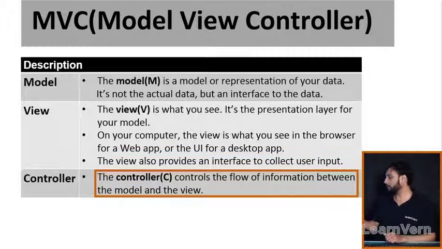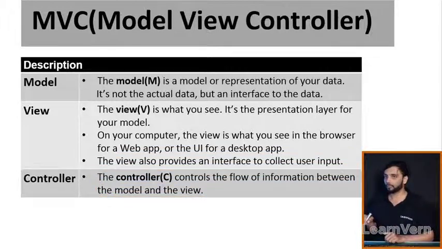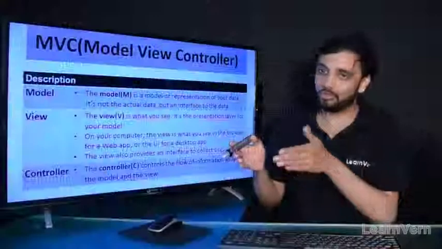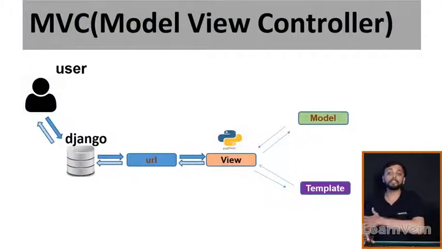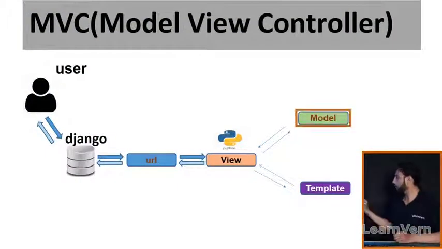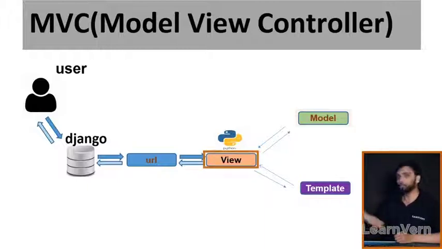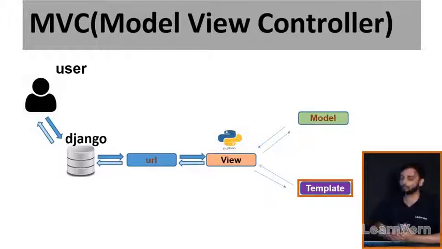The controller controls the flow of information between the model and view. When model and view want to associate, then the controller comes into the picture. The controller provides the interface between model and view. Just have a look at its pictorial representation, as there are model, view and template or controller.